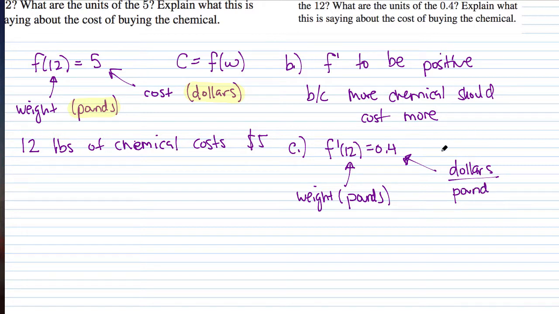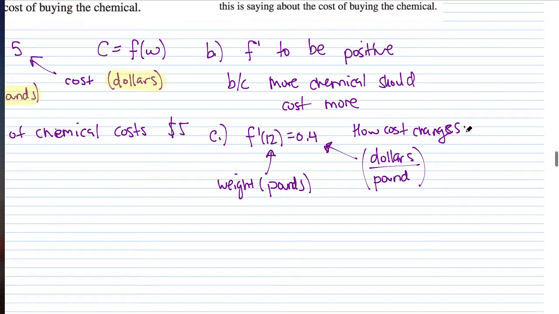It's how the cost changes as a function of how much weight I am buying, so it's how cost changes with respect to weight, WRT. So that would be dollars per pound. And we'll go ahead and highlight my answers to make sure. So we have dollars per pound and pounds.